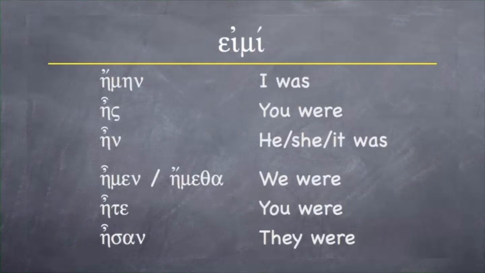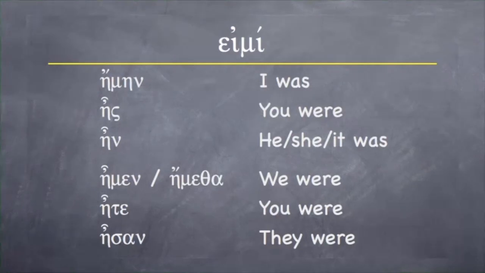And now, the last paradigm of this chapter is the paradigm for eimi. This is the past form of eimi. And it's probably easiest just to memorize these forms. Emen is I was. Es is you were. Notice that it's smooth breathing with a circumflex. You don't want to confuse this with a relative pronoun. Third person is en with a smooth breathing and circumflex, but you already memorized this back in one of the earlier chapters.